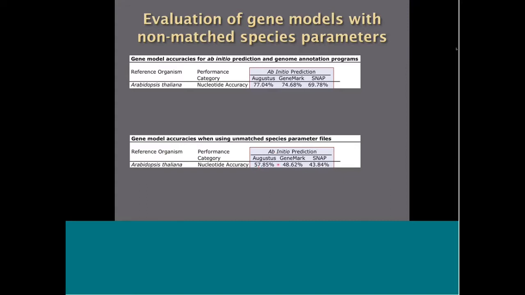Now, if I use an even more strict measure of accuracy, rather than nucleotide level, I'm going to use an exon level accuracy, where the entire exon has to be correct before I consider it as being accurate.